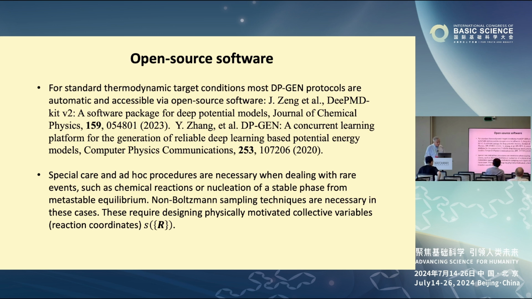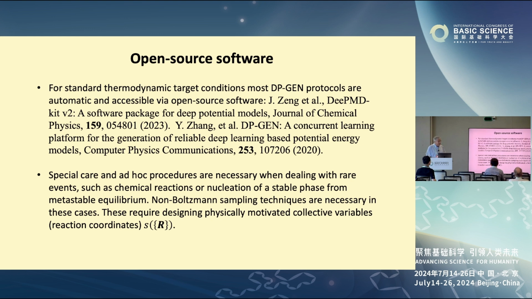In this situation, non-Boltzmann sampling techniques are necessary. Essentially, we have to identify collective variables, or so-called reaction coordinates, that are variables that depend on the configuration of the atoms and describe this process, and there is, as yet, no way to define those coordinates automatically.